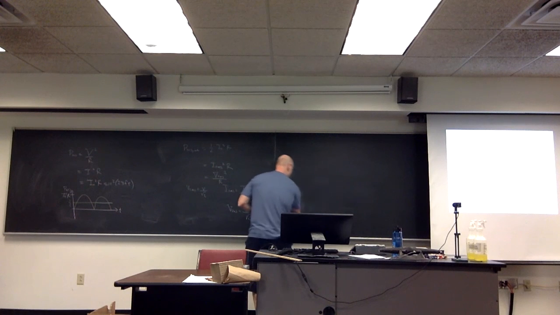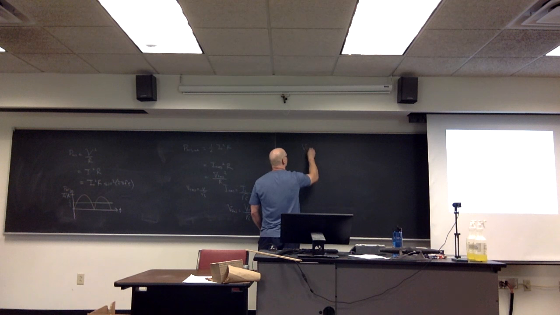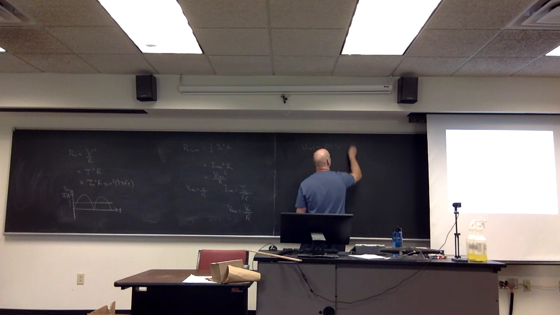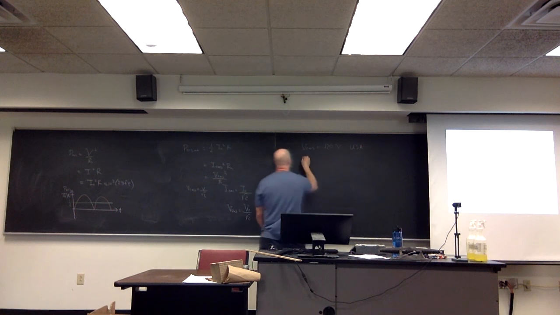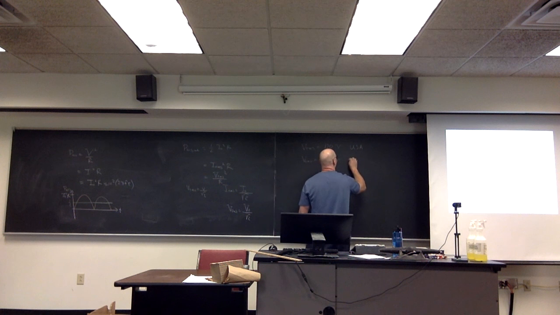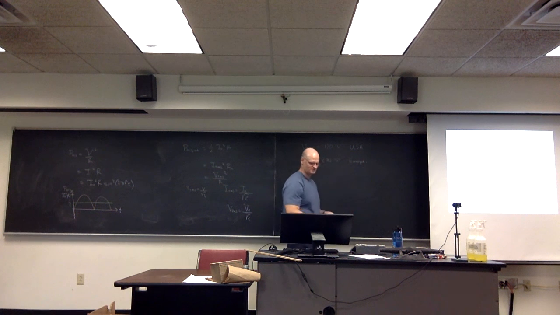So in the US, the RMS value of our potential is 120 volts. And in Europe, the RMS value of the potential is 240 volts.